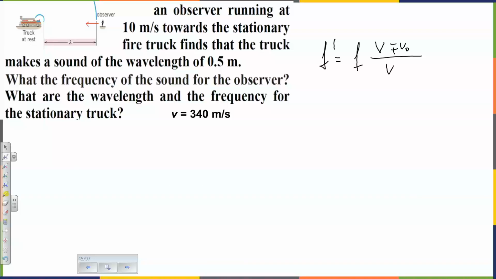An observer running at 10 meters per second relative to the ground. The track doesn't move. And now this same observer, well, you see, people are resourceful. He runs, but at the same time measures the wavelength of the sound. Half of a meter.